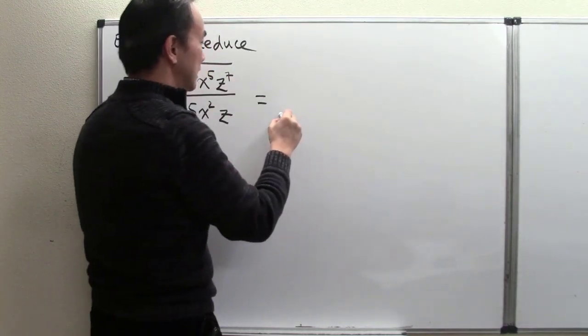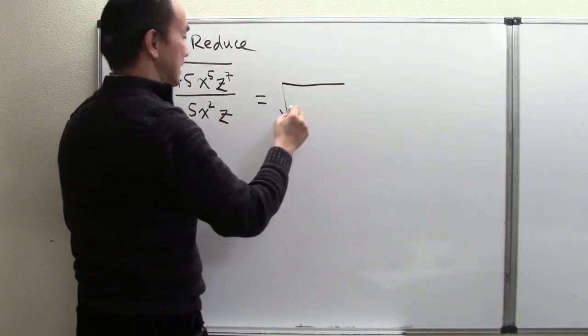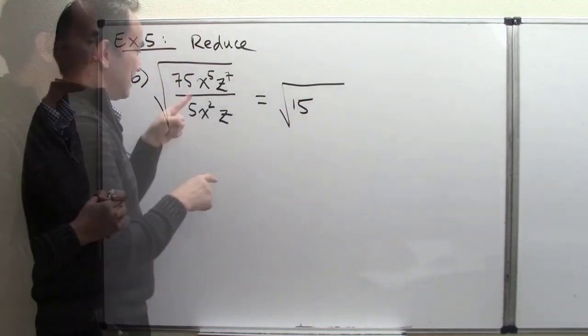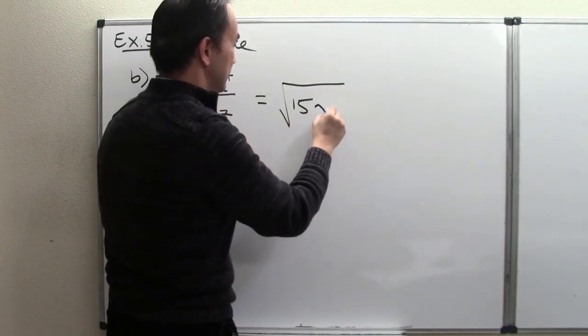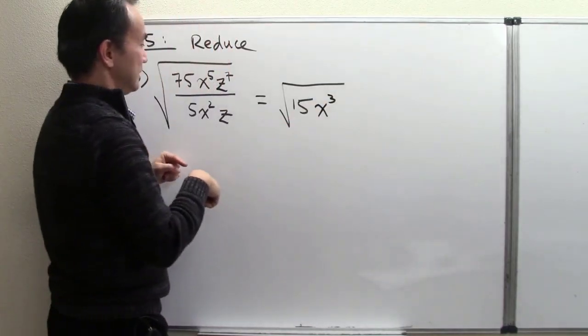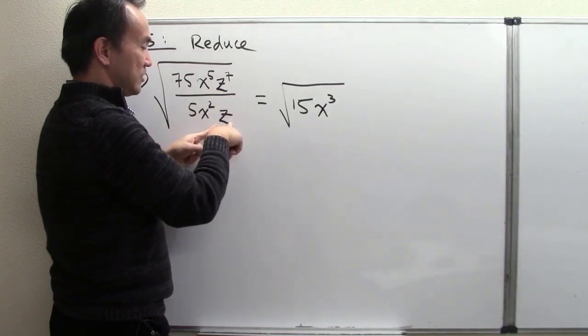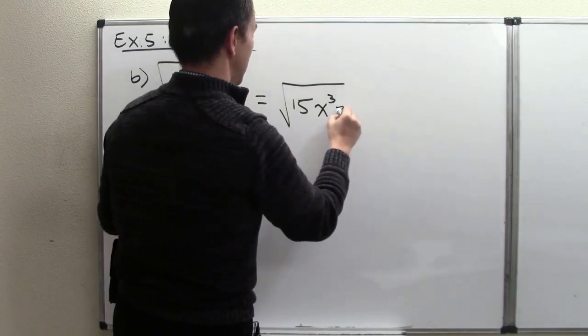So I'm going to leave the square root the same. 75 divided by 5 gives me 15. X to the 5th divided by x squared gives me x cubed. Z to the 7th divided by z to the 1st power reduces down to z to the 6th power.